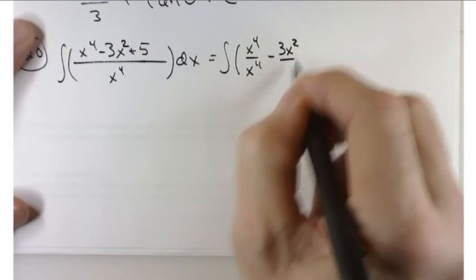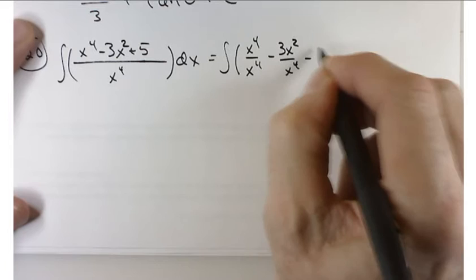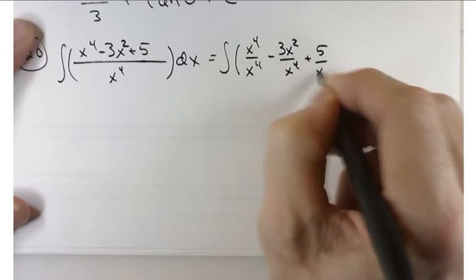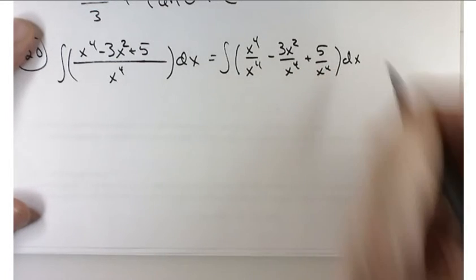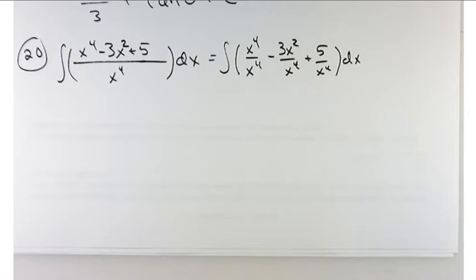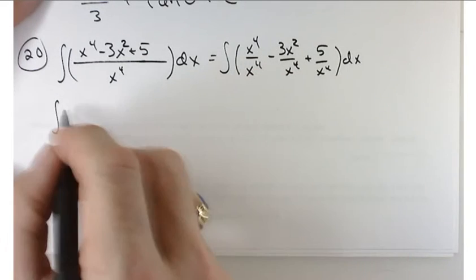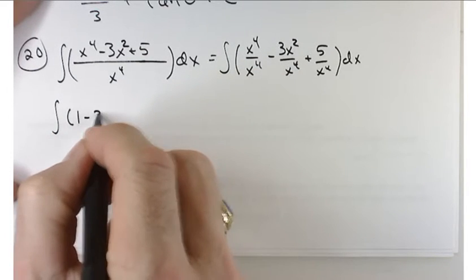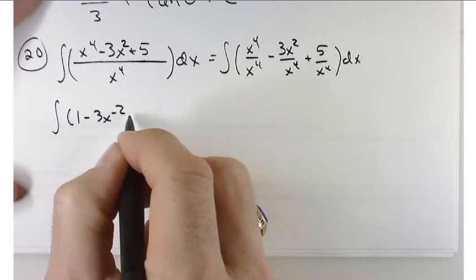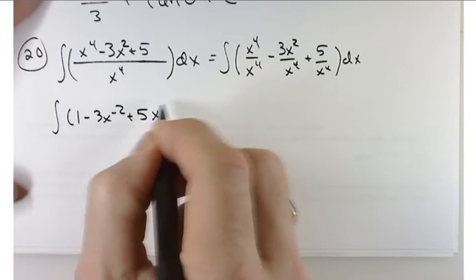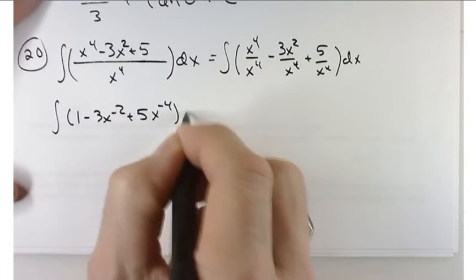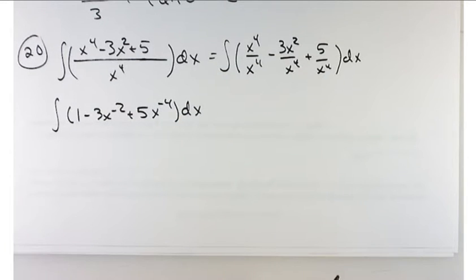So minus 3x squared over x to the fourth plus 5 over x to the fourth dx. You're going to get a lot of nice simplification from these terms. This is going to be a 1 minus 3x to the negative second power plus 5x to the negative fourth power dx.